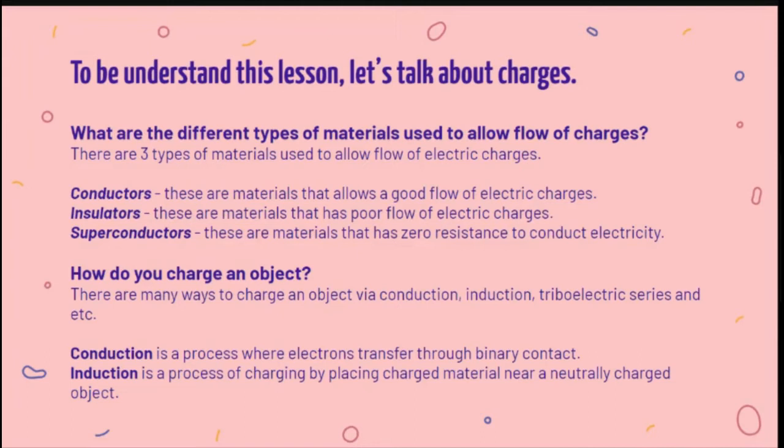They are being studied for use in high-powered objects that have zero resistance to conducting electricity. Not all conductors have zero resistance. Of course, there are limits to conducting electricity.